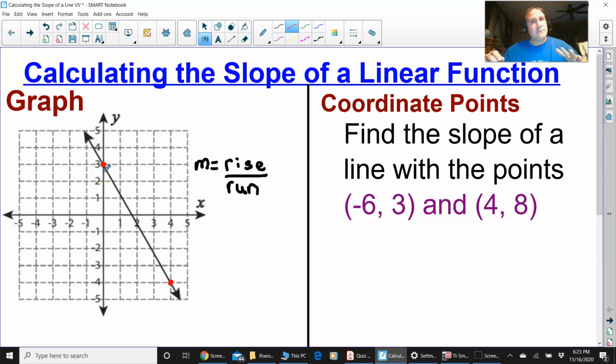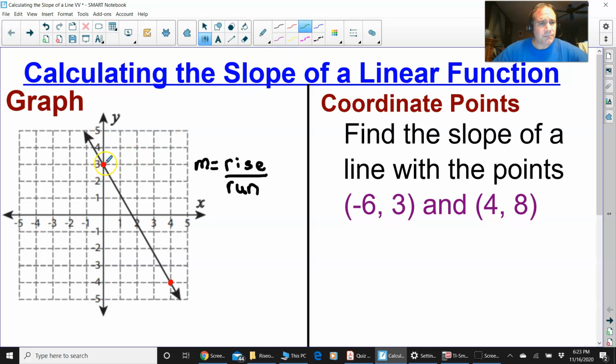And when you create that right triangle, you have to go along the grid of the coordinate grid, the graph, right? So you see all of these lines. So you're going to go on the line and then down, right? So you're making and creating that right triangle.